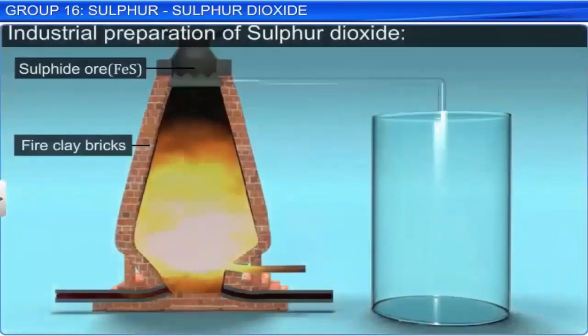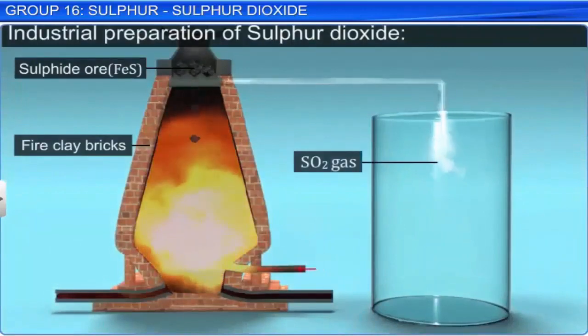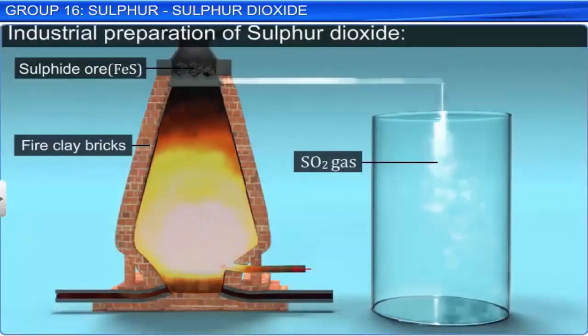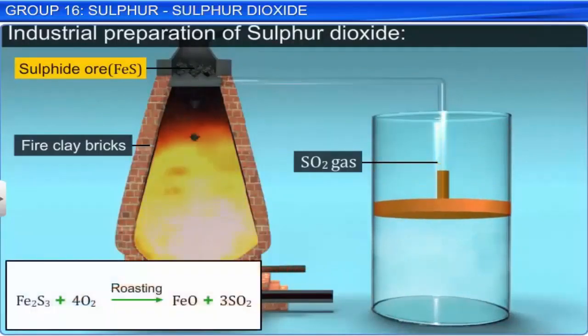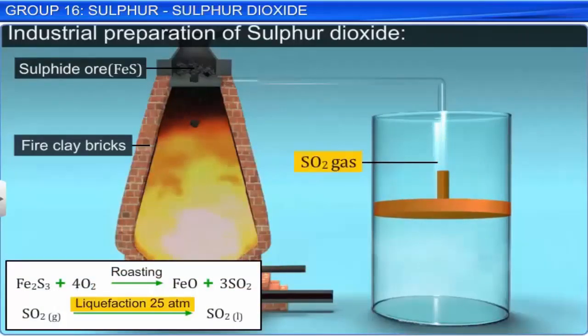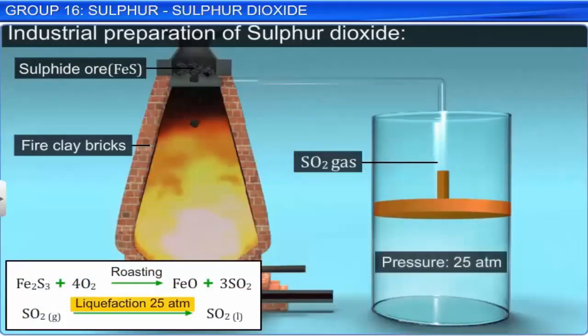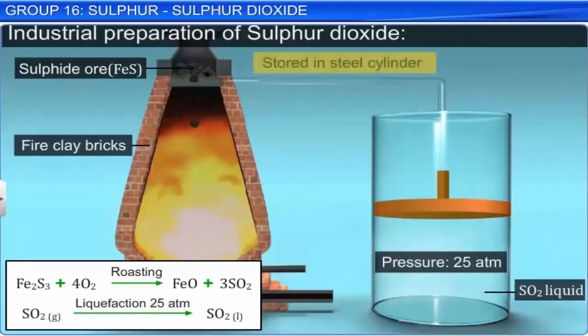Industrially, large volumes of sulfur dioxide are prepared by roasting a sulfide ore, such as iron sulfide. After drying, the gas is liquefied under 25 atmospheres pressure and stored in steel cylinders.